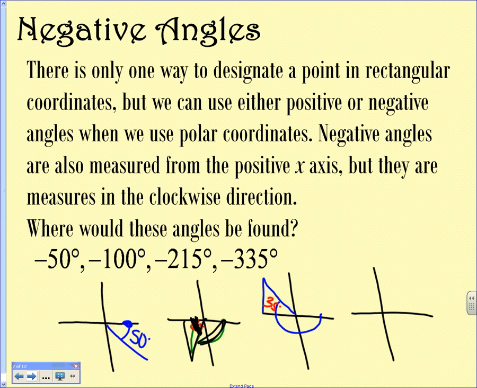Come draw our 335. All right, and what would our little angle on the inside be? 25. 25, that's right. Okay, do y'all see how that works?